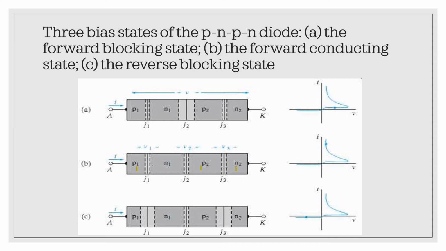When this occurs, three small forward bias voltages appear. As shown in the figure, we can see the forward bias voltages V1, V2 and V3.